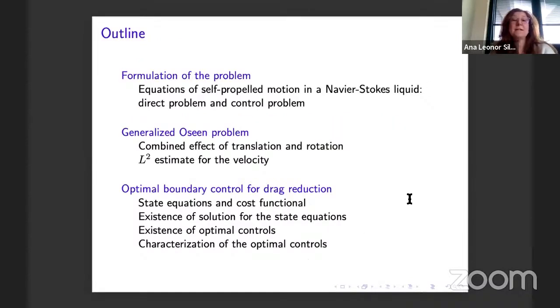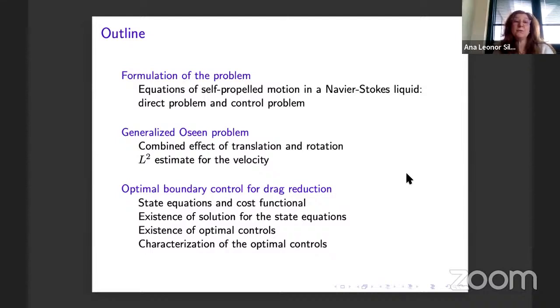Okay, so first I am going to give the formulation of the problem. This fluid structure interaction problem is a very special one in the sense that the problem is going to be formulated in terms of an exterior Navier-Stokes problem coupled with the equations of a rigid body which is moving within this Navier-Stokes liquid.